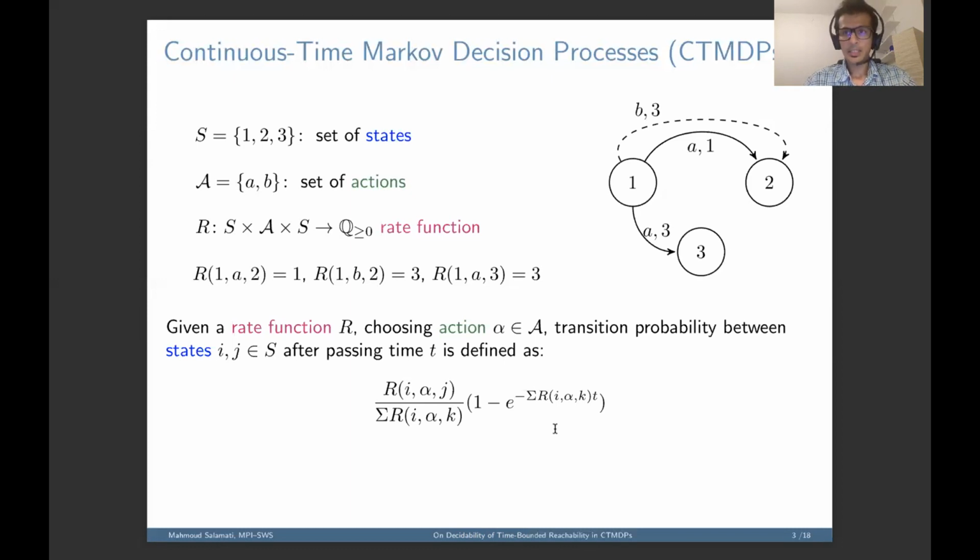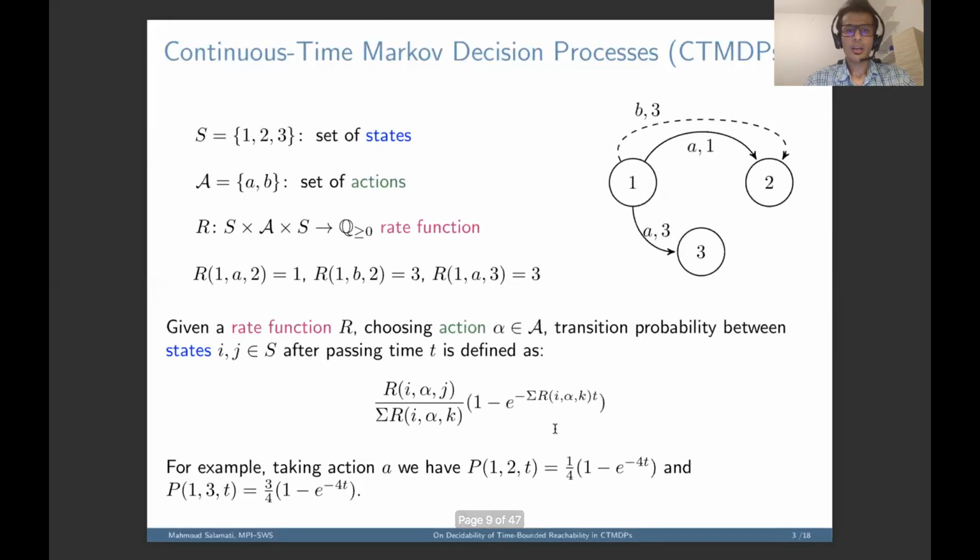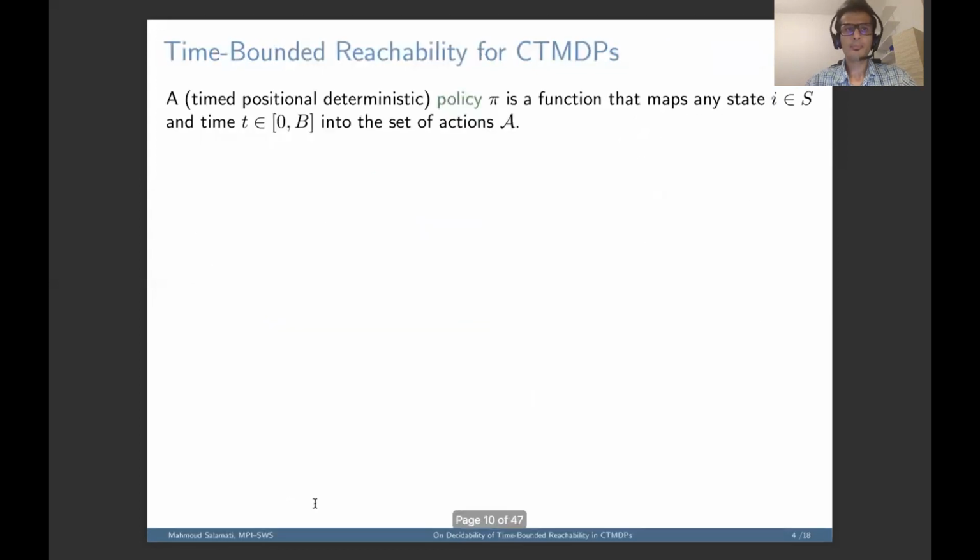And this is in contrast to discrete time models. For example, going from state 1 to state 2, if we take action A, it's possible with this probability after passing time t. Or again, taking action A, we can go to state 3 with the complement probability written here.